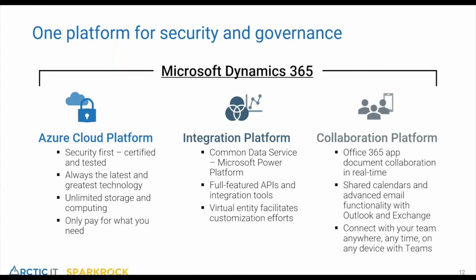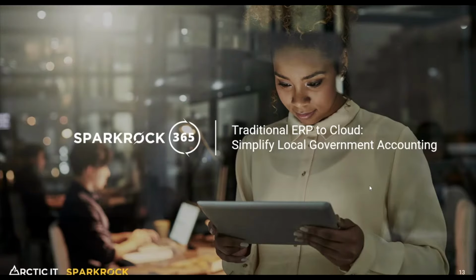It knows the data that you're authorized to see and use, and the processes you're authorized to perform inside the system while you're in Outlook, while you're in email, while you're in Excel, without having to even leave those applications. And that really is where we'll get into more of the specific, exactly why Sparkrock 365 specifically can help simplify your local government accounting, and really moving from that traditional ERP to the best of breed cloud solution.